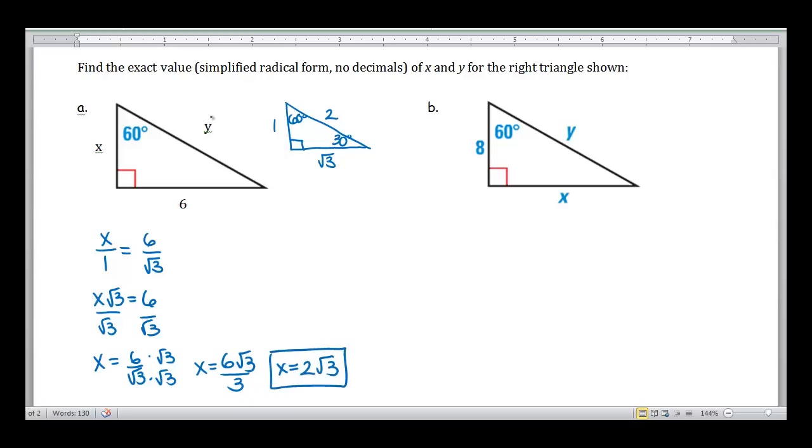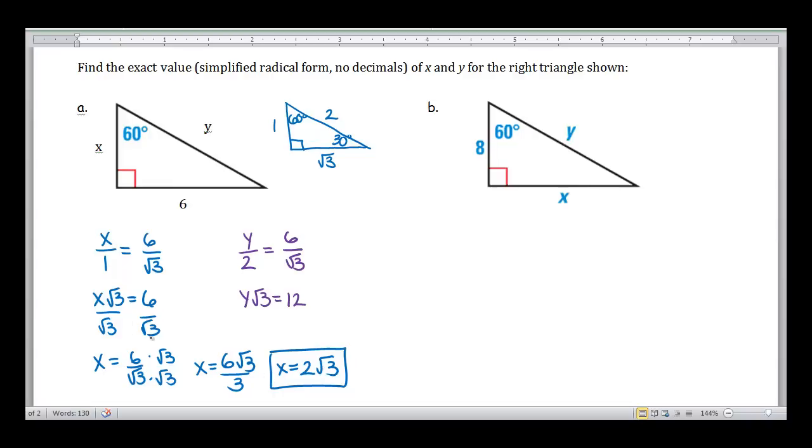Next, let's find the hypotenuse, y. So again, y corresponds to 2. And again, the sides that I know both lengths for are the 6 and the root 3. Here, if I cross multiply, I have y root 3 equals 12.